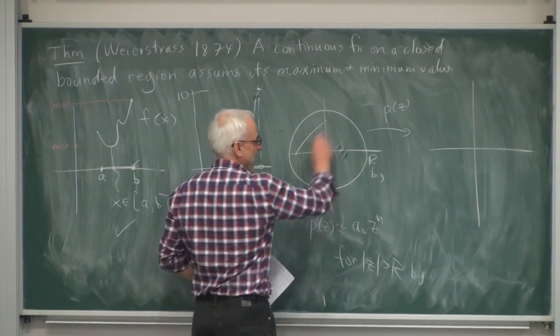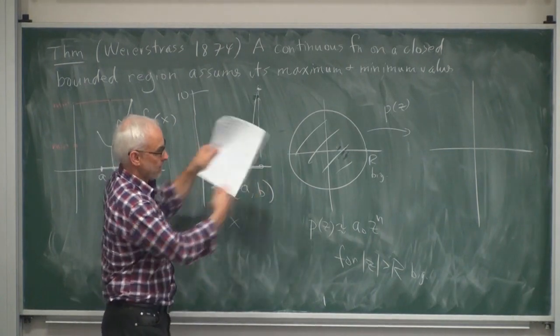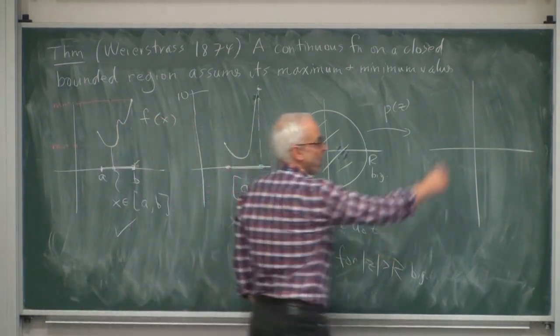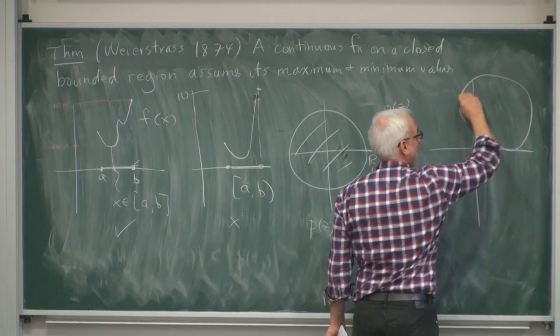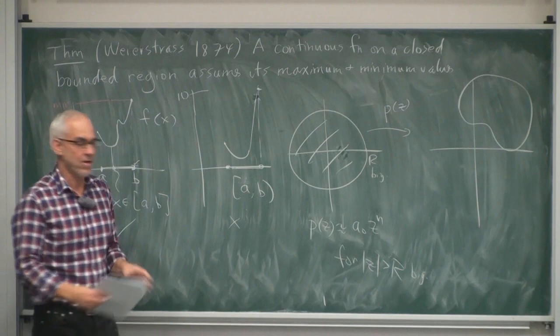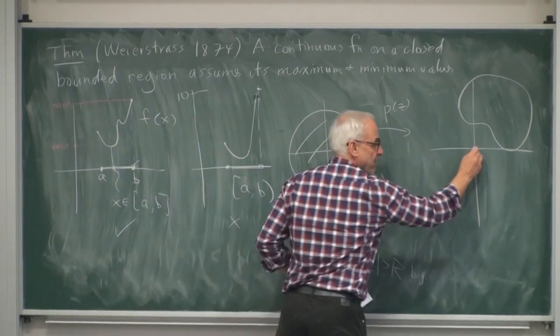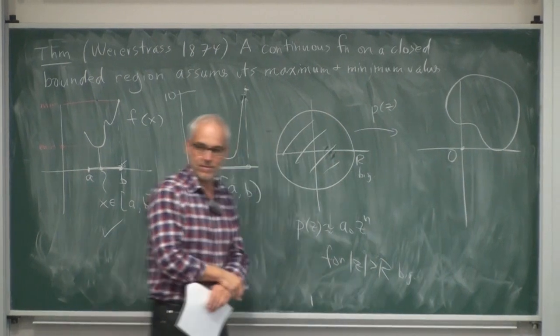So let's have a look at the image of this region in the plane. And suppose that the image was something like this. So in other words, suppose that the polynomial didn't have a 0, that it managed to avoid taking the value 0.